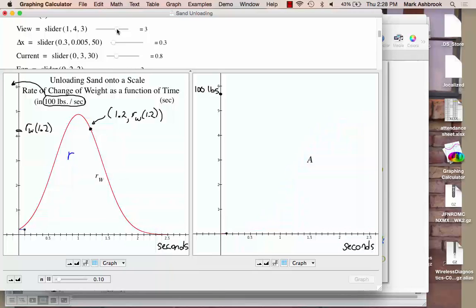4 for 4. Okay, so I want you to look at the approximate rate and the approximate accumulation, and just make a prediction about the exact accumulation function. Where will it be? How will it relate to our approximate accumulation function? What would you expect about the exact accumulation function compared to the approximate accumulation function, based on our approximate rate function?